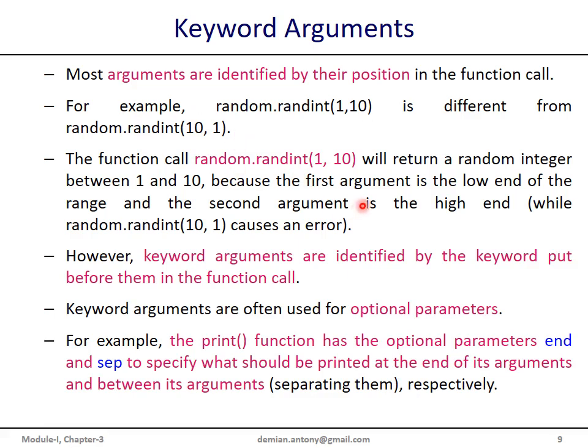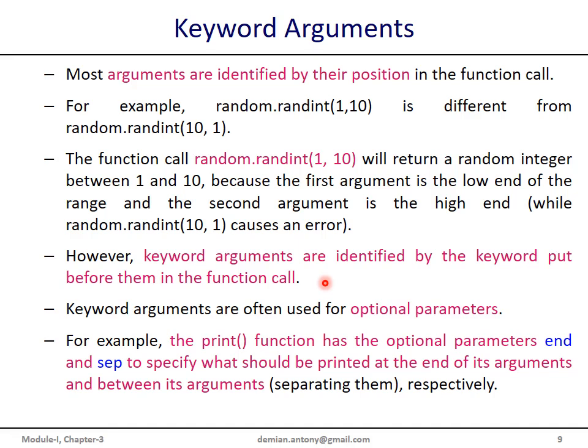In Python, we have special arguments called keyword arguments, which are identified by a keyword put just before the argument in the function call. These keyword arguments are normally used as optional parameters.